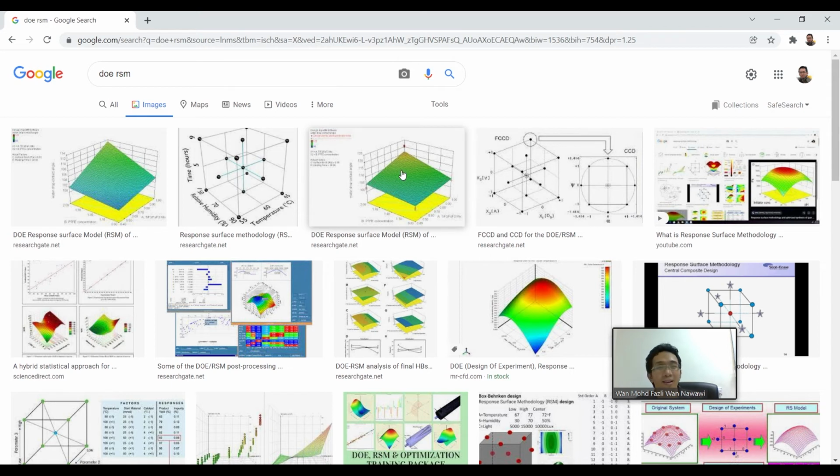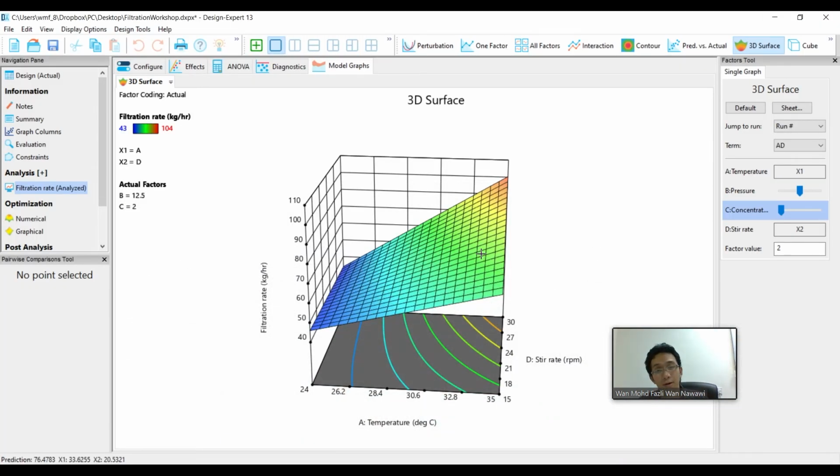This is what you will get. You will never get this thing because this is curvature. You put the middle point, the middle data. But when you do factorial at 2 levels, you have low and high, that's all, so you cannot have curvature anyway. If you have curvature here with 2 levels, then something is wrong.